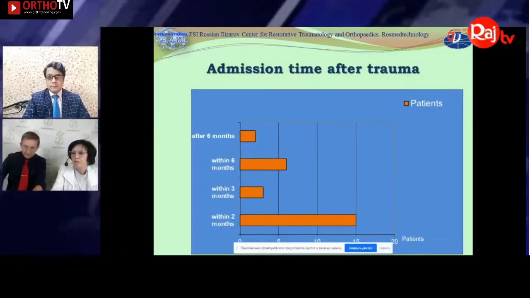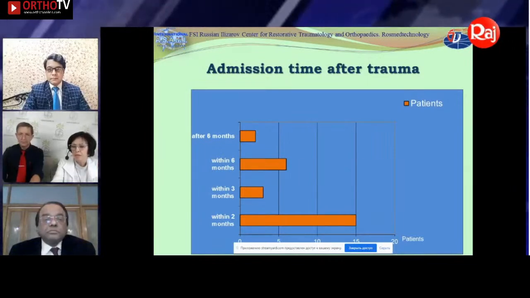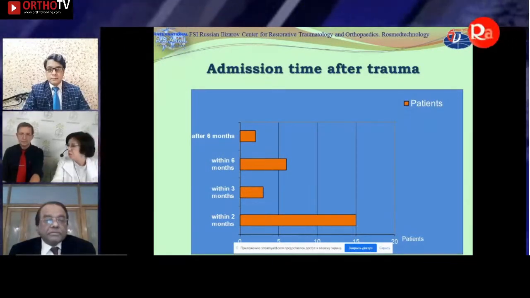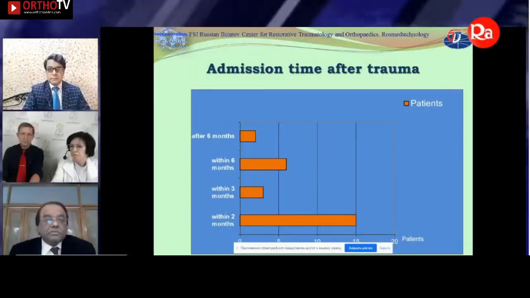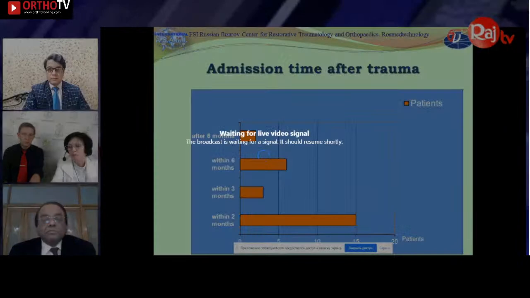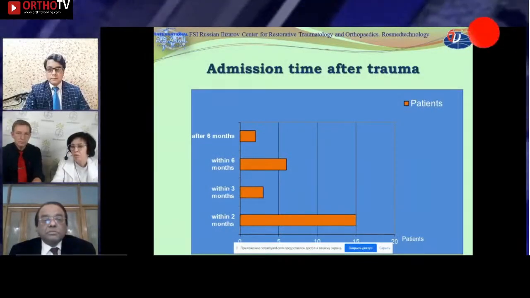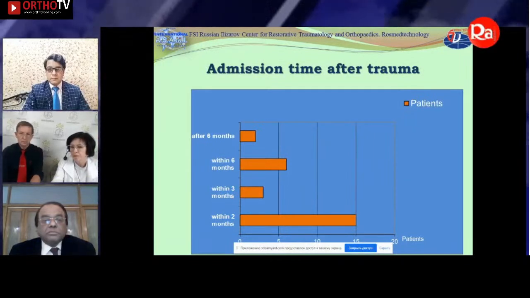Next. Admission time after trauma. More patients with trauma more than 2 months after trauma. Next.